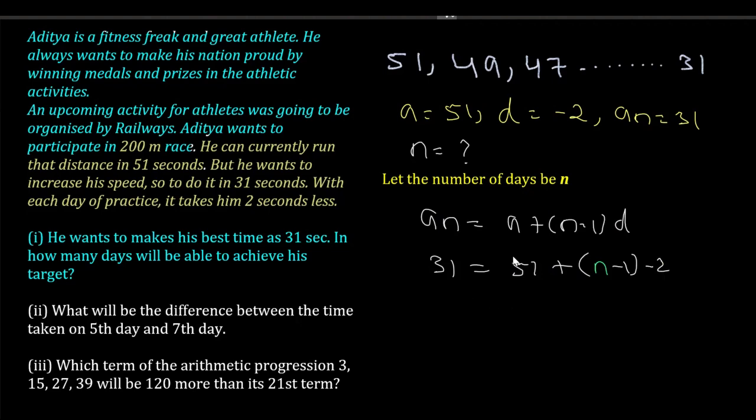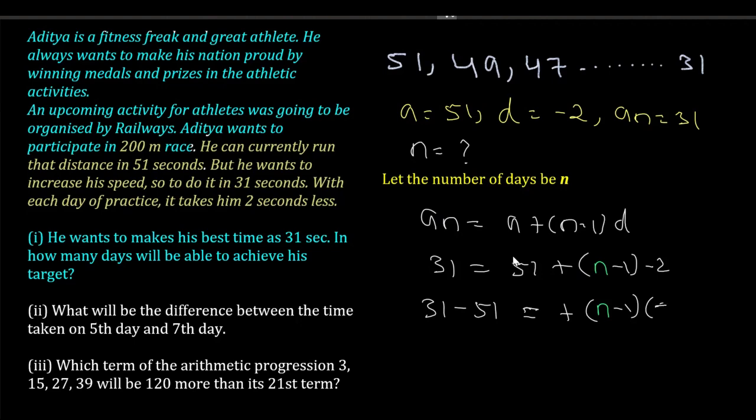First, I'll transpose this 51 to the left hand side. So it's 31 minus 51 is equal to n minus 1 times d, n minus 1 times minus 2. And further, we can also transpose minus 2, so let's do that in the next step.